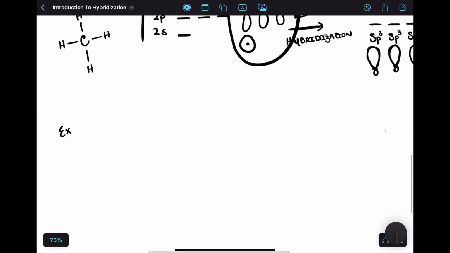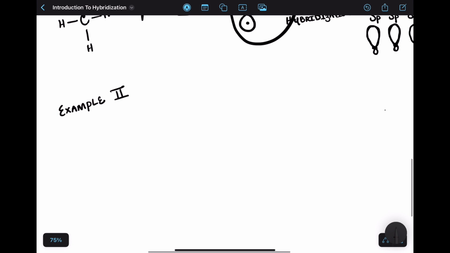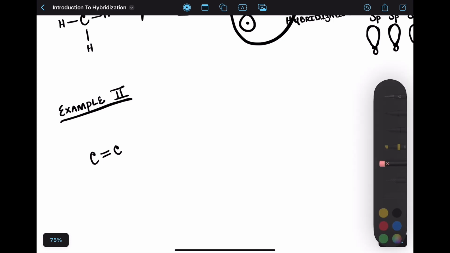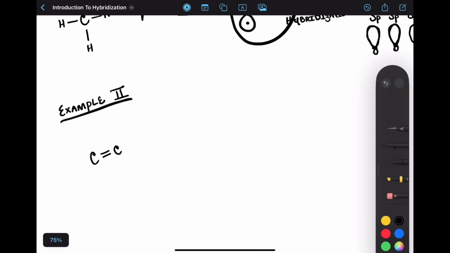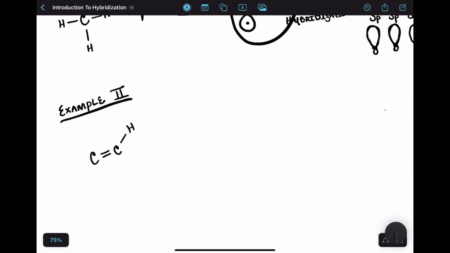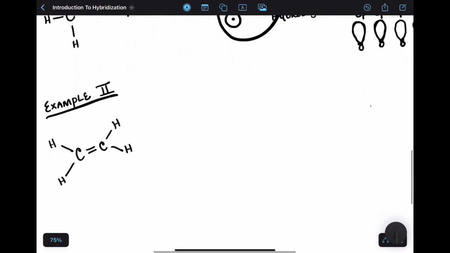Let's take another example. This time, we'll do C2H4. So same model at first. We have our 2S and 2P.